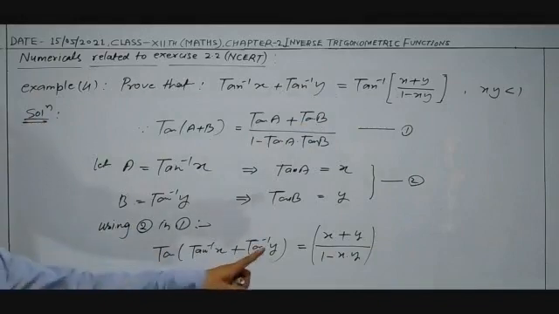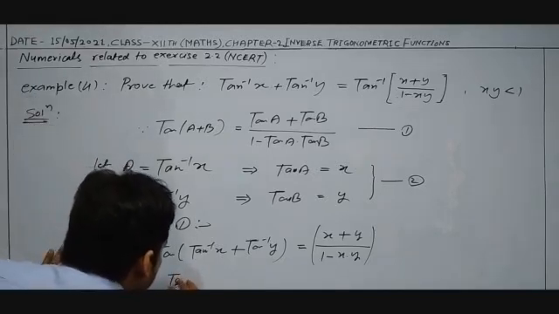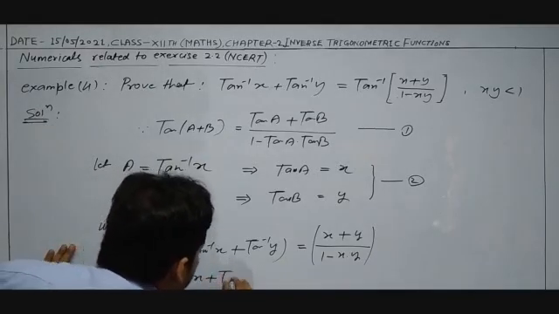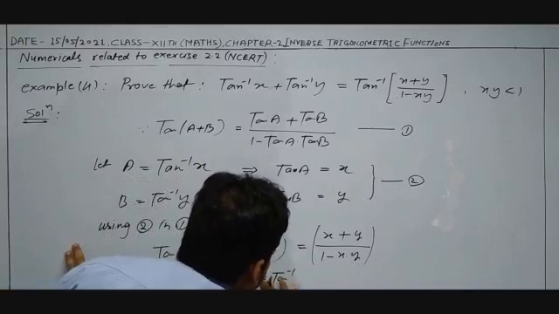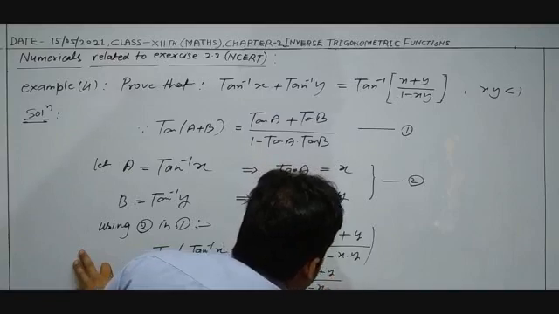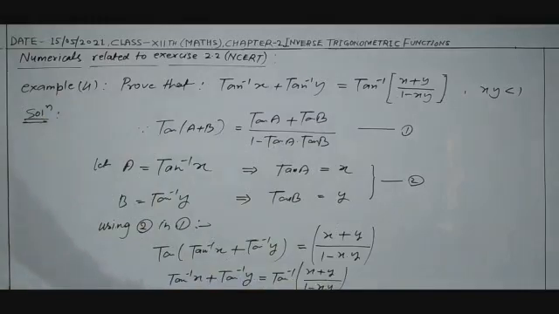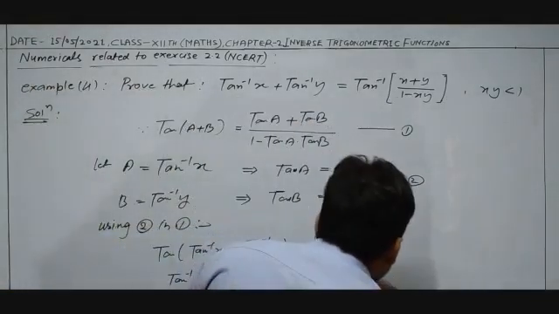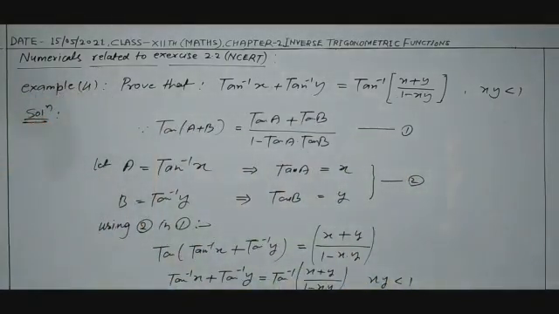Operate tan inverse on both the sides, you will get the result: tan inverse x plus tan inverse y is equal to tan inverse of x plus y whole upon 1 minus x into y. So this is our proof, such that xy is less than 1. Hence proved.